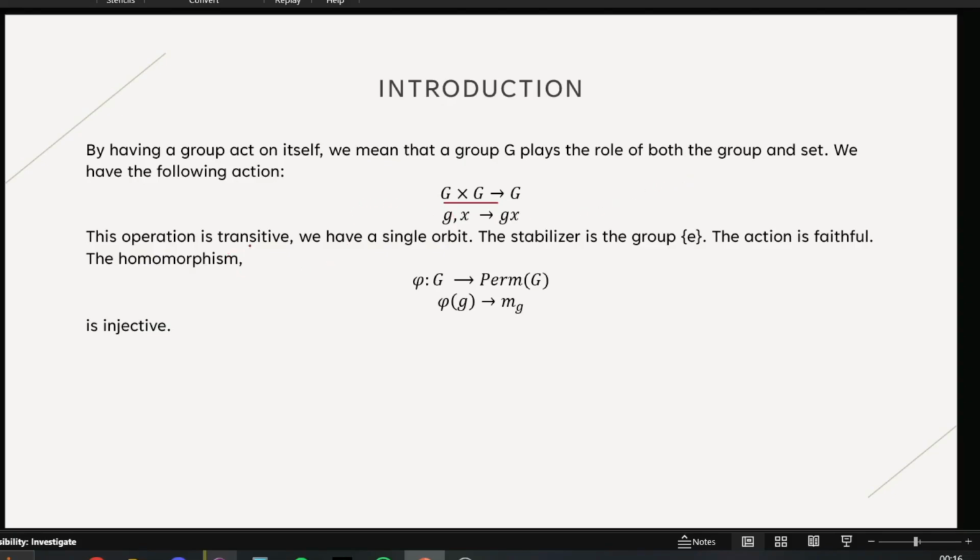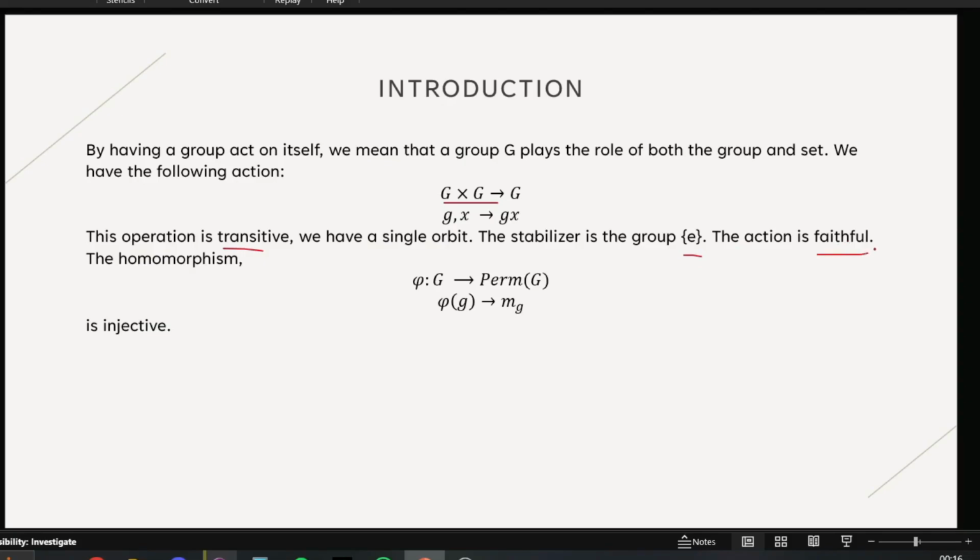So this operation is transitive because gx belongs to G, so there can only be one orbit. Since this is transitive, by the orbit-stabilizer theorem, the stabilizer can only be the identity. When the stabilizer is the identity, the action will be faithful.